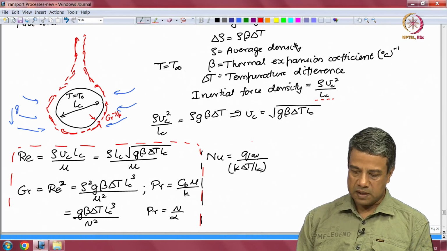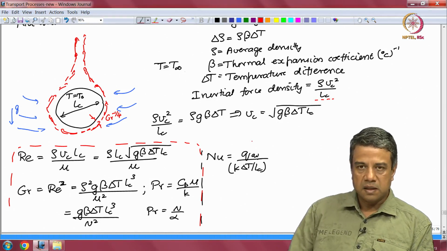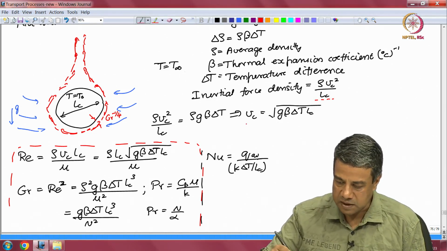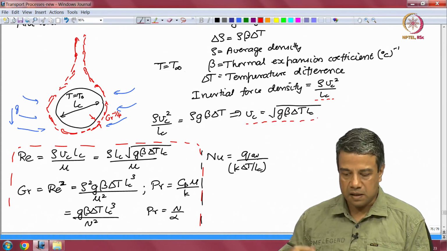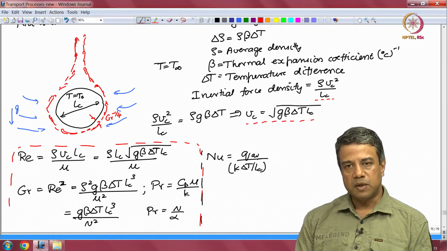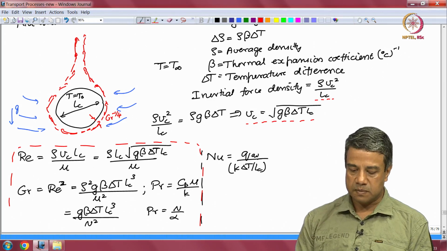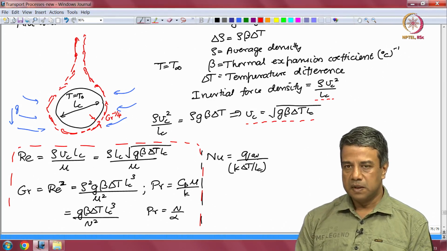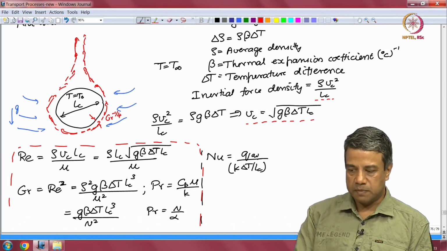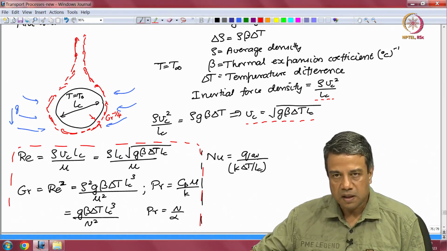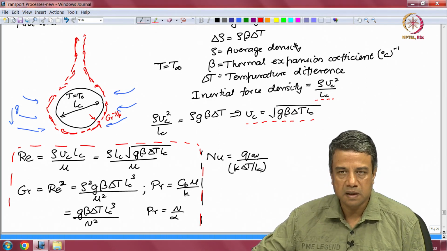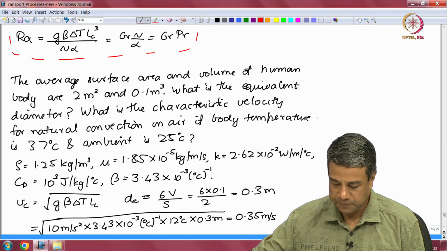Characteristic velocity we had estimated by balancing the buoyancy force density and the inertial force density. Based upon that, the square of the Reynolds number is the Grashof number, Prandtl number is the ratio of momentum and thermal diffusivity, and the Nusselt number is the dependent variable.